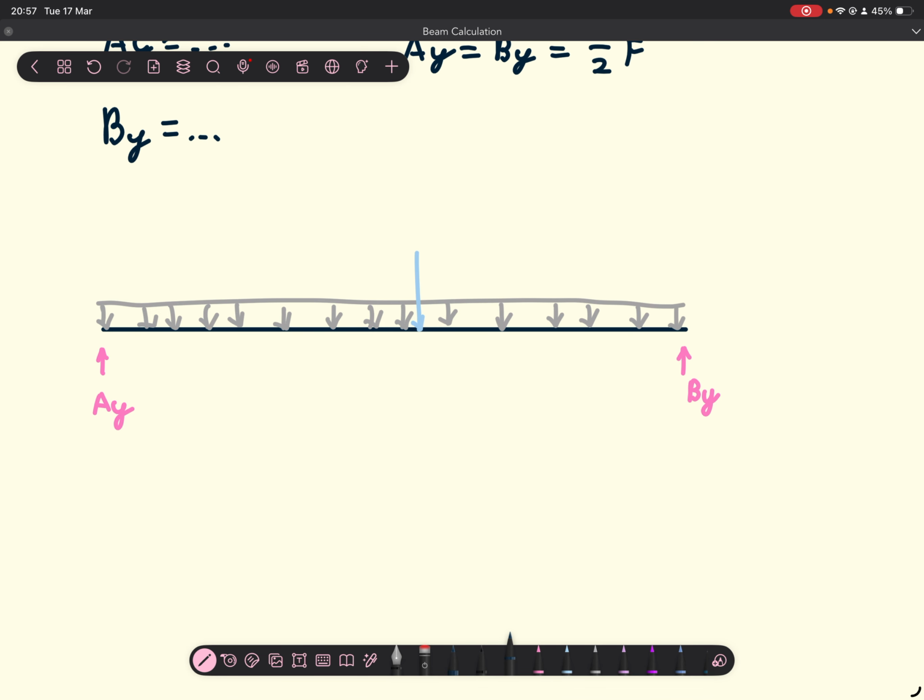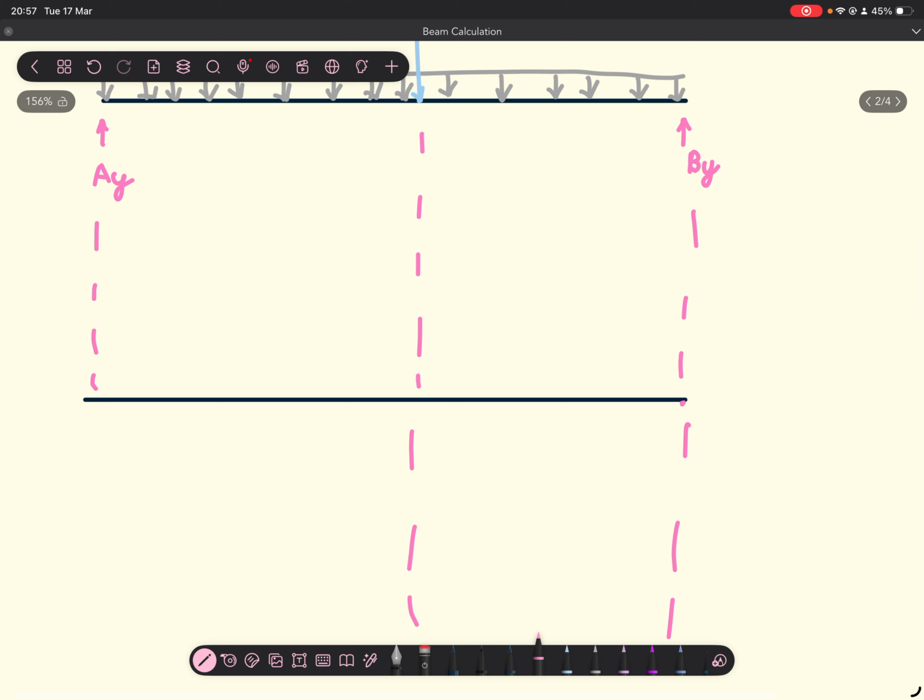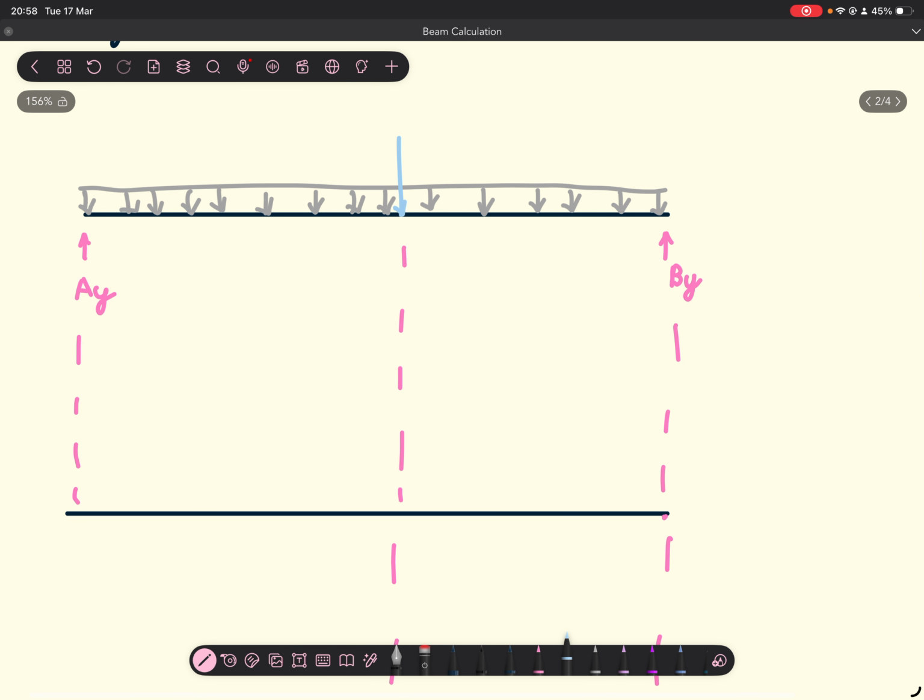So the shear force diagram starts at AY. So we jump from 0 up to whatever AY is. Then we have this distributed load acting downwards in that region, so we linearly decrease up until that point.